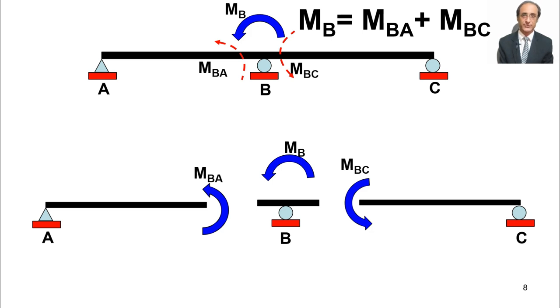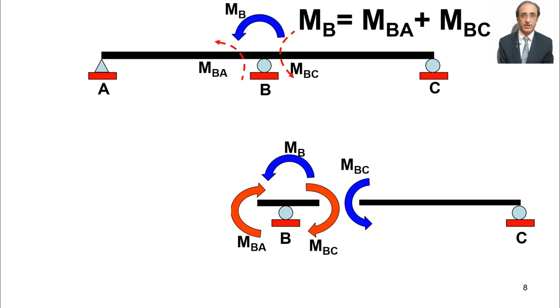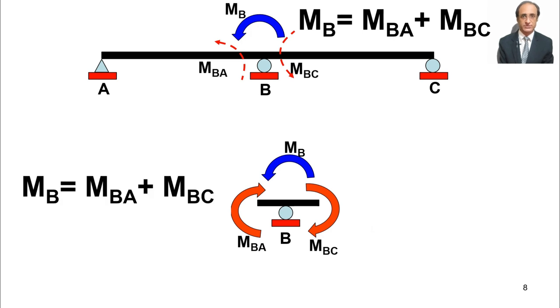Alright. So now this confusion I will just resolve. Let's say from the point of view of the joint equilibrium, do you agree that MB should be equal to MBA plus MBC? Yes. So how is it happening? Because on the joint, opposite of this will act. MB is acting on the member. So on the joint, opposite of this will act.